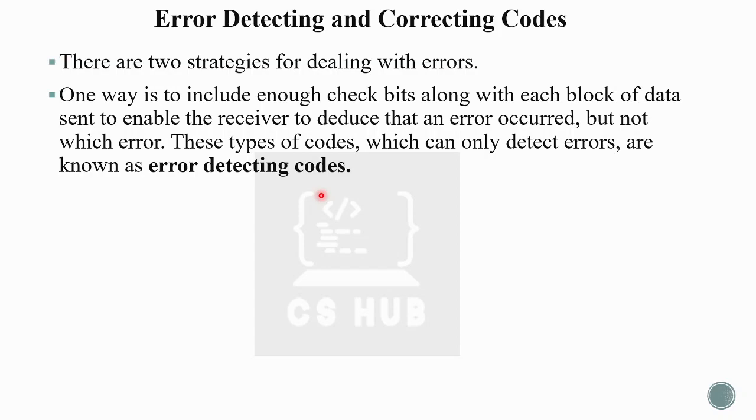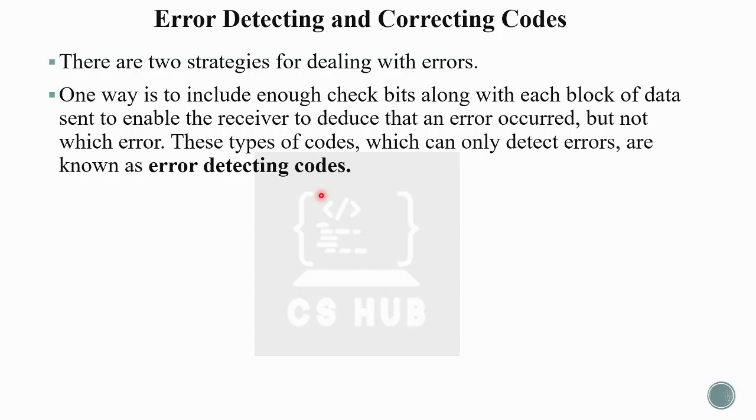In error detecting codes, we include enough check bits. Suppose we are sending data in 4-bit blocks. Okay, we have 3 blocks. The first block contains 4 bits, the second block contains 4 bits, the third block contains 4 bits, and those 4 bits are our original data, and we are adding enough check bits with this data. Suppose we are adding 2 bits each.